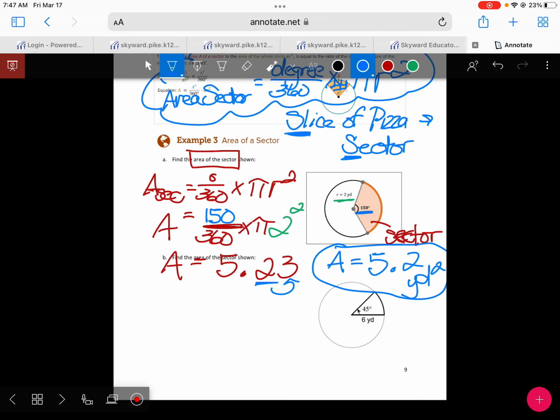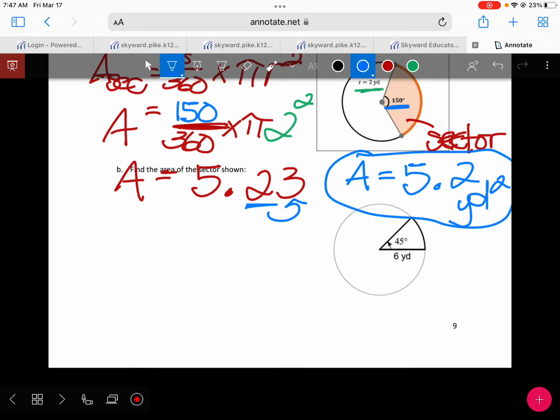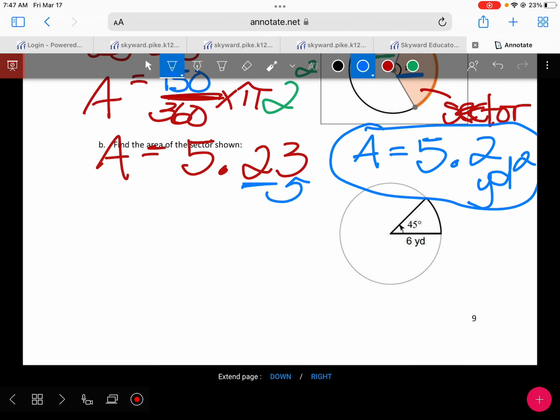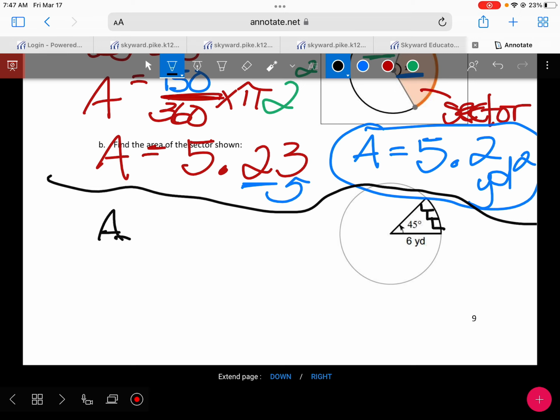Okay. I want to do one more problem. We're going to get a second chance to do this one, okay? So, letter B has to do with this bottom circle. We want to find the area of the sector. So this pizza slice, area of a sector is the degree of your angle over 360.